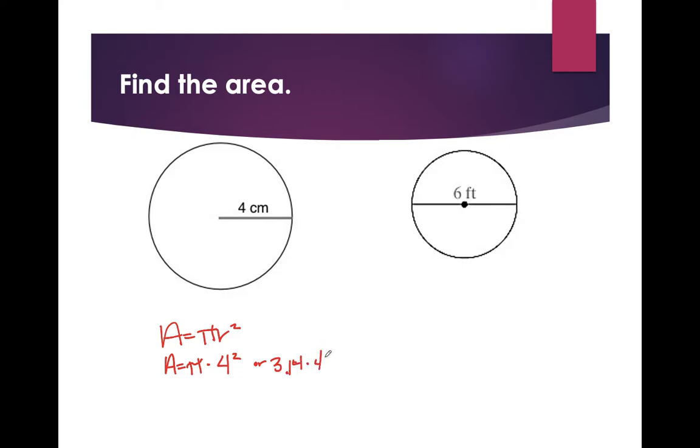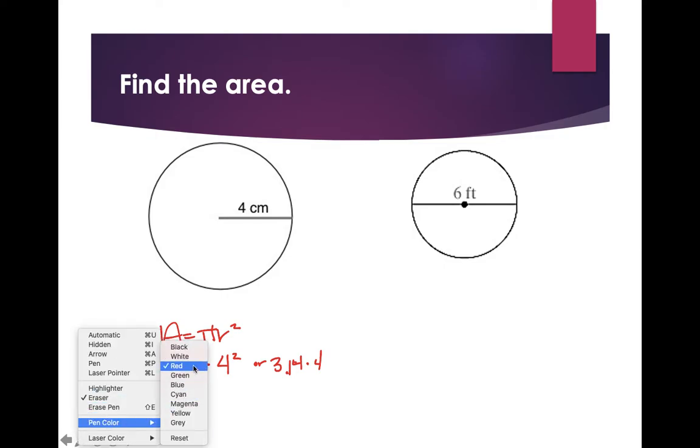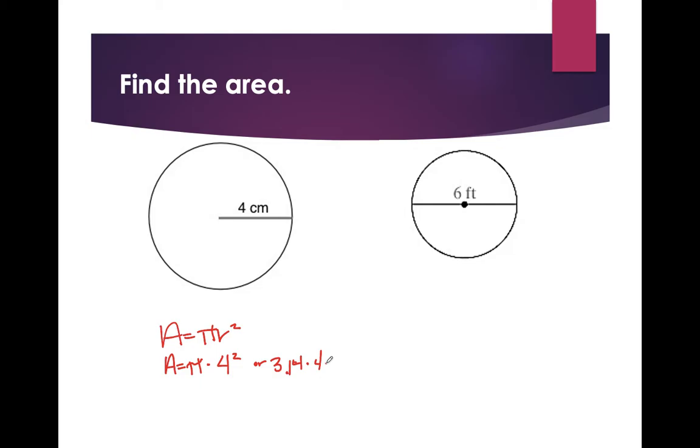3.14 times 4 squared. Another way to write the 4 squared, like I just said, is to do 4 times 4.